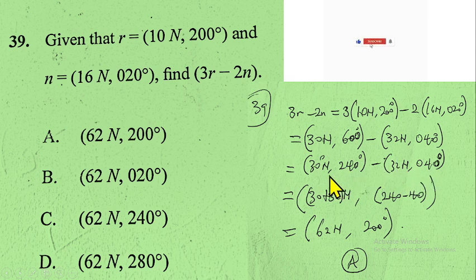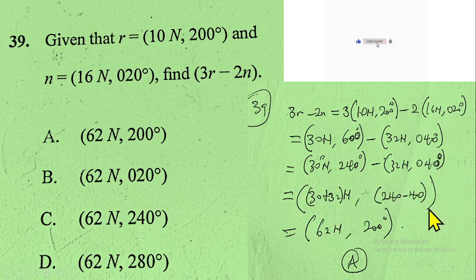Then in this case you are going to add the forces together instead of subtracting them. You have 30 plus 32 Newton, which gives us 62 Newton.